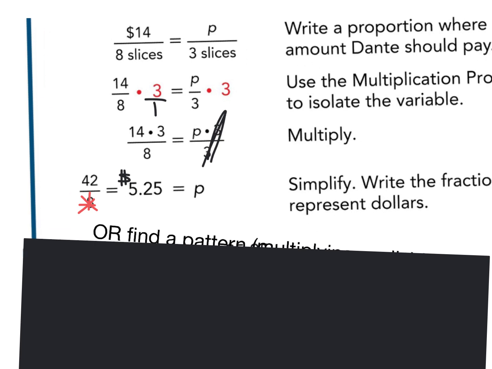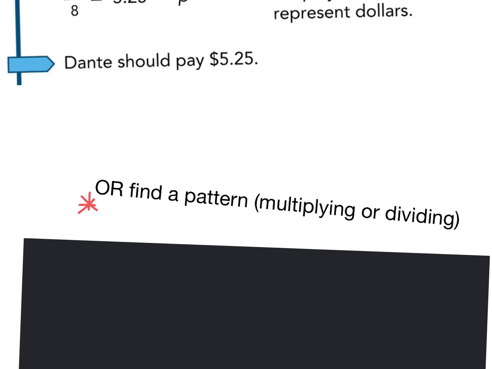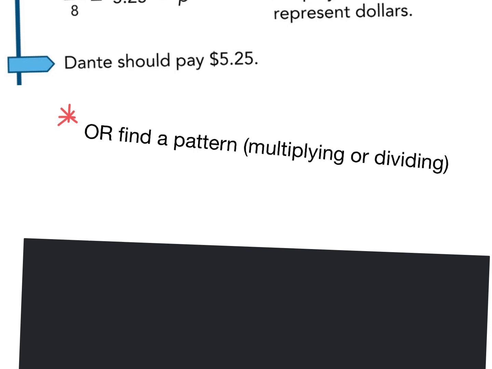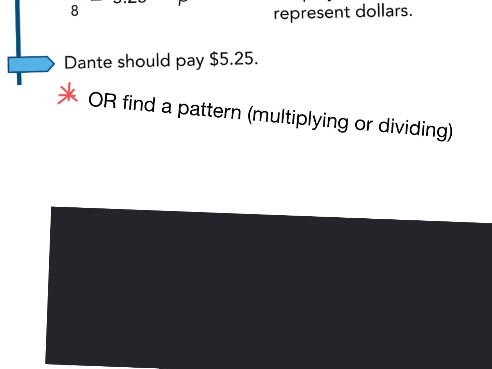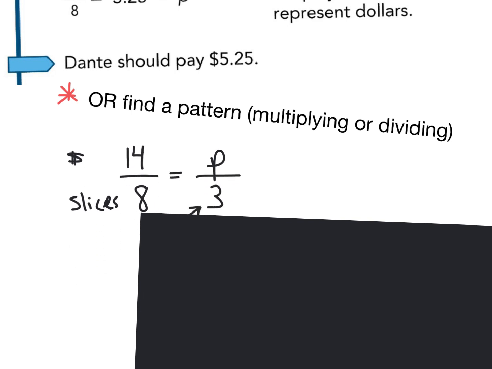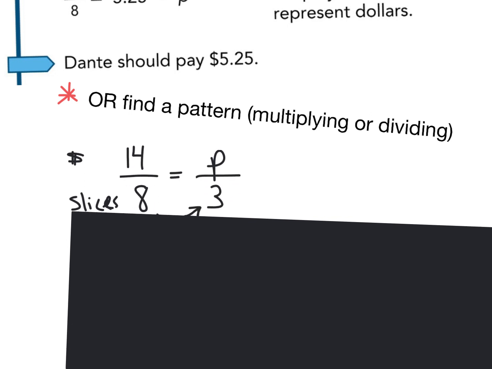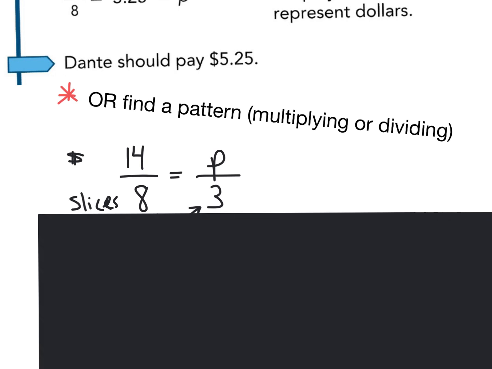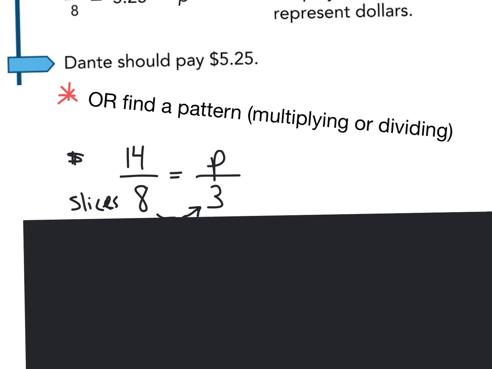A different way of doing this that the book doesn't mention is we can find a pattern multiplying or dividing going towards the variable. So we could say if it's $14 for 8 slices, we're trying to find the price for 3 slices. So I have the same setup as the book does at this point, but then what we could do is try to find a pattern.